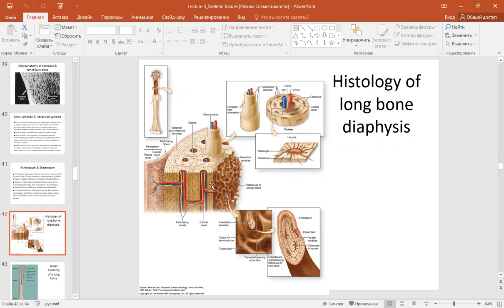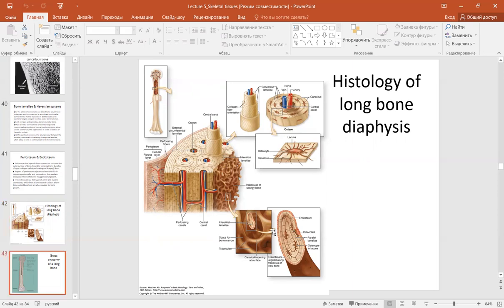Here you have the spongy bone consisting of trabeculae. Each trabecula is covered with osteum, having osteoclasts, parallelly arranged bony lamella and osteocytes located in the lacunae of the osseous tissue.